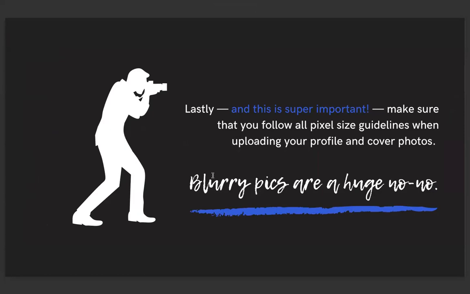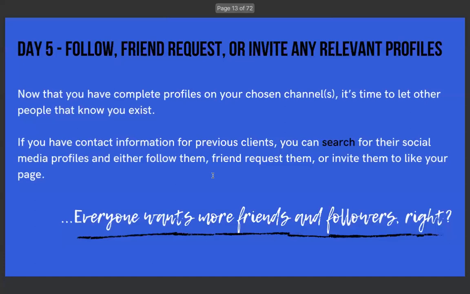No blurry photos, because it's a huge no-no. When you see content on the big social media platforms and pages of big brands, you're never going to find a picture or a post that is not pixel perfect, right? So we need to follow the guidelines for how exactly our posts should look on social media.